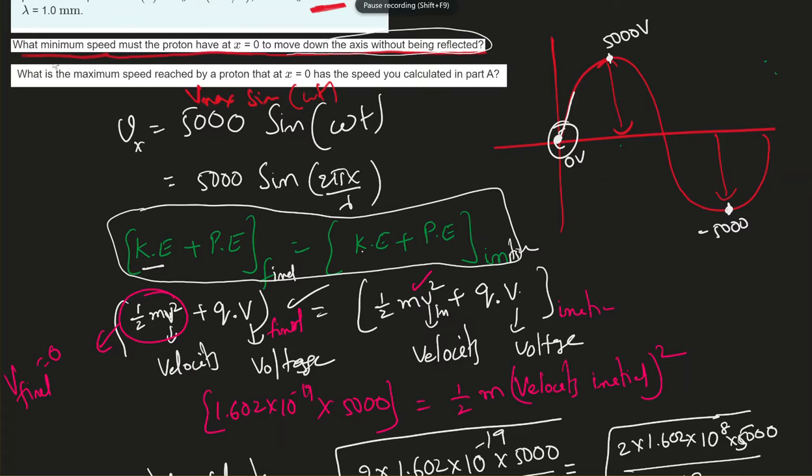So we're assuming the potential at that point is going to be 5000 volt, but at the same time the velocity at that point is going to be 0. So the final velocity, I'm taking that as 0, so this value becomes 0, and q and V, we have some value. Same thing here, when it comes to the initial, we have initial velocity, speed, that's what we need to find, but the initial voltage at this point is 0 volt.